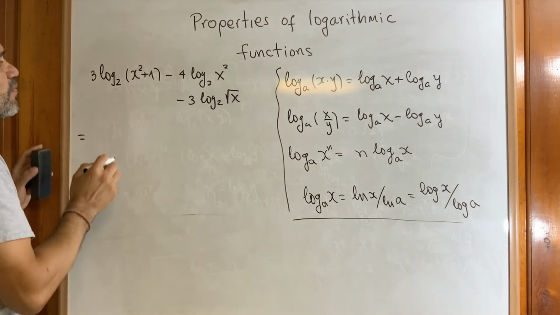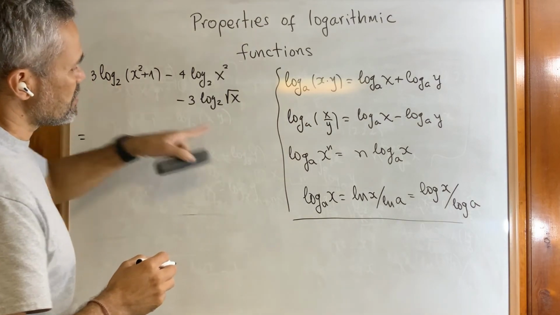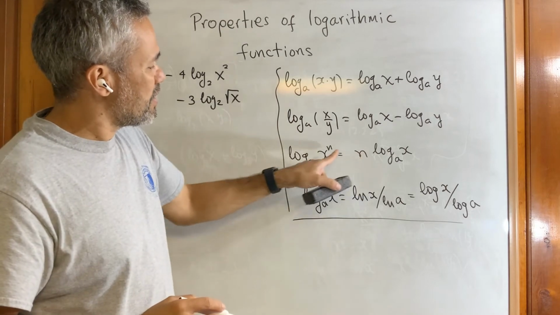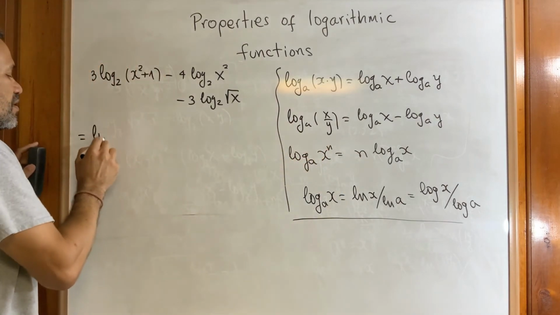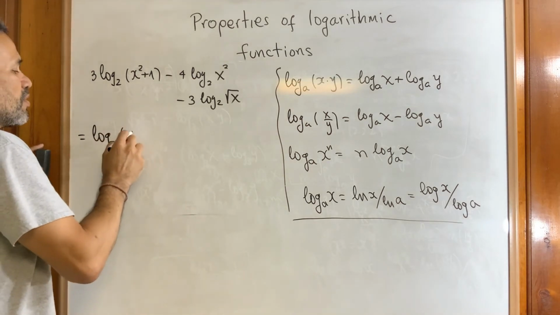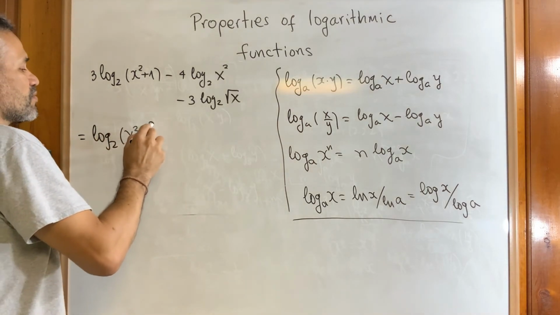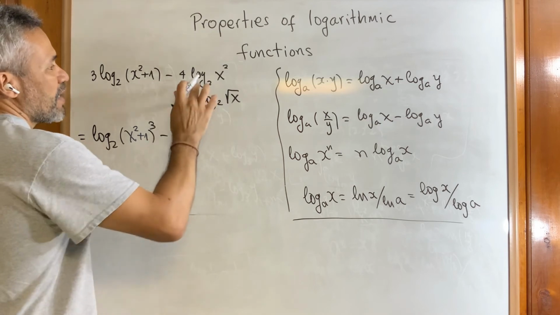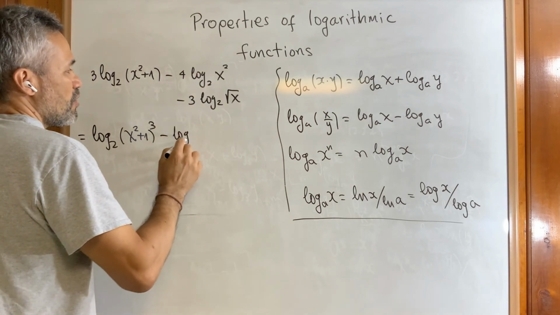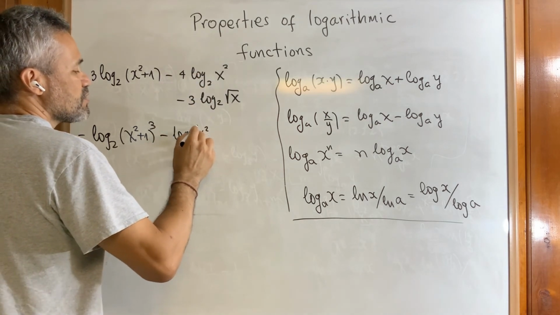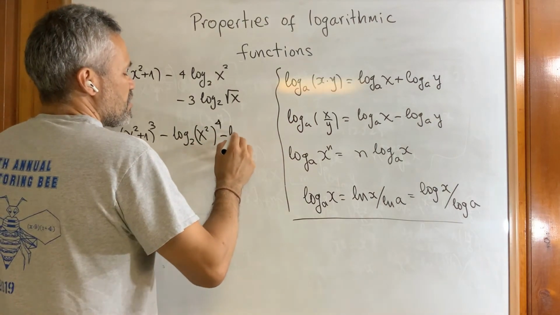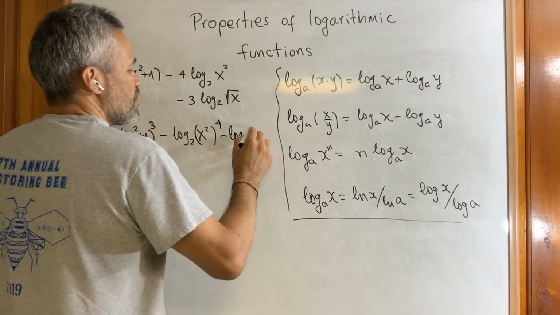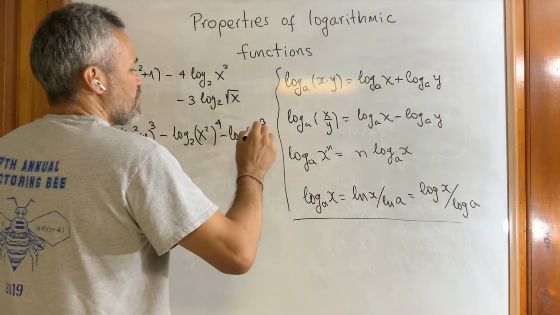Then we start with this one here. These coefficients, we use this property, they go as power, right? Then here we have that this is log in base 2 of x squared plus 1 to the power of 3 minus log in base 2 of x to the 2 to the power of 4 minus log in base 2 of a square root of x to the power of 3.